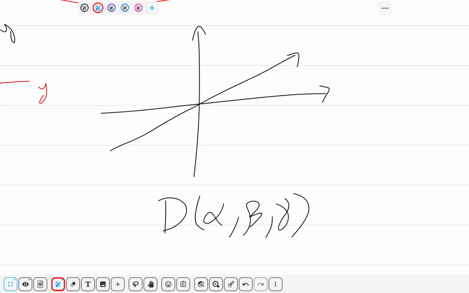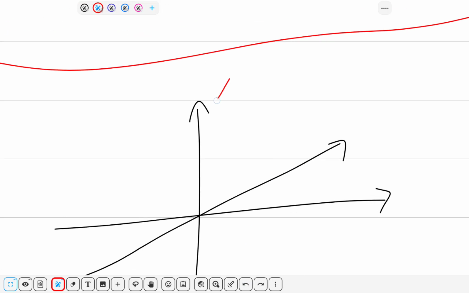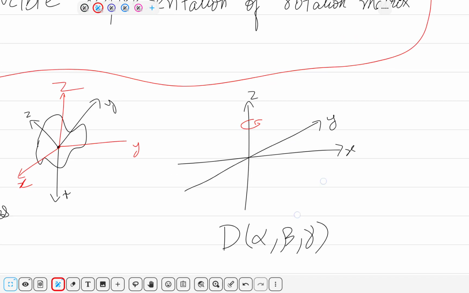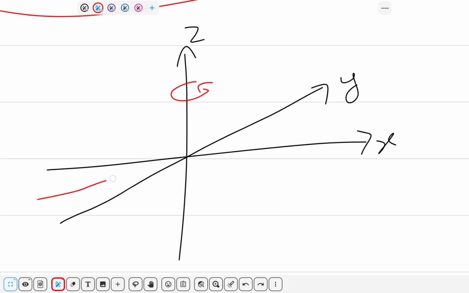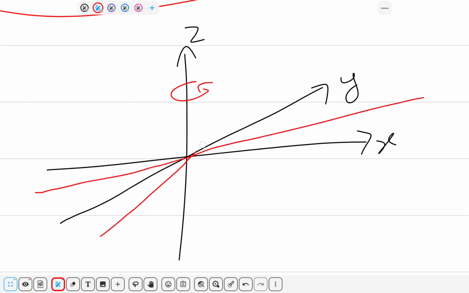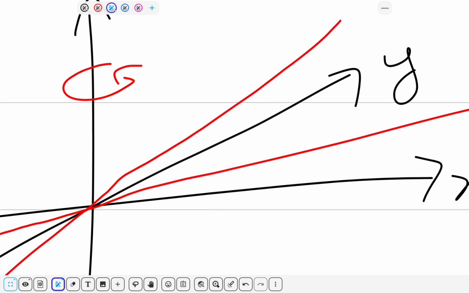First, I have to rotate this space about the z-axis with angle alpha. So it will get rotated somewhat like this.